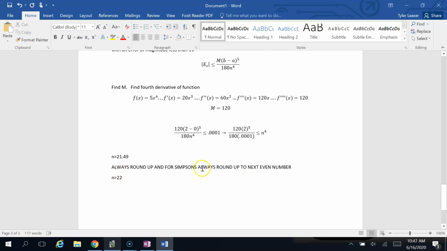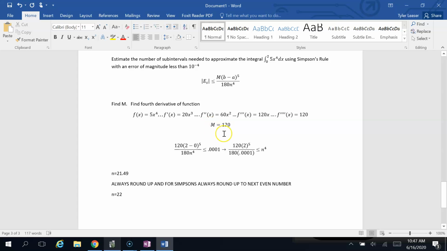22 partitions for this Simpson's rule to approximate 5x to the 4th to within, what is this, 10,000ths of a decimal. The reason this is very important is for computer programming mostly. So when you're writing up some kind of a program, you want your program to only do the minimum amount of calculations necessary. Otherwise, it would bog it down and it would slow down your program.